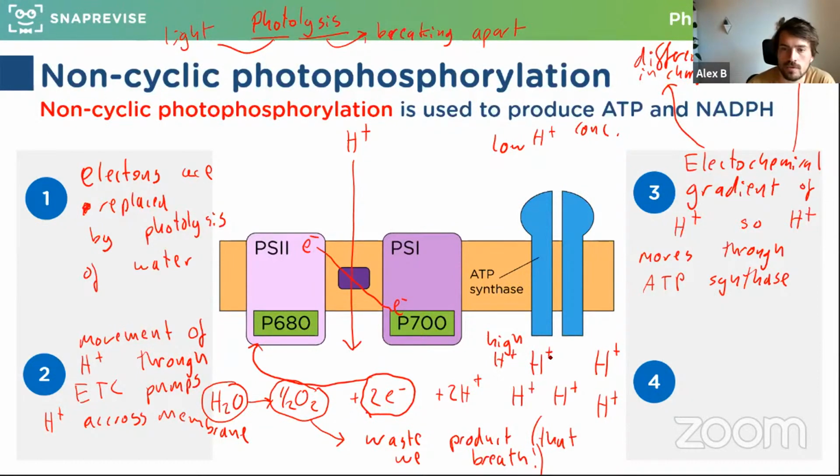They can't move through a phospholipid bilayer, so ions can't get through the membrane. The only way they can even out the concentration gradient is to pass through ATP synthase. So that's what they do. They go through there. That releases some energy, and that energy is used to stick together.